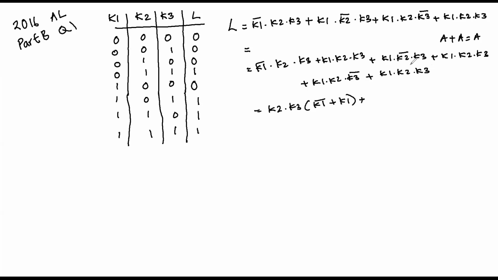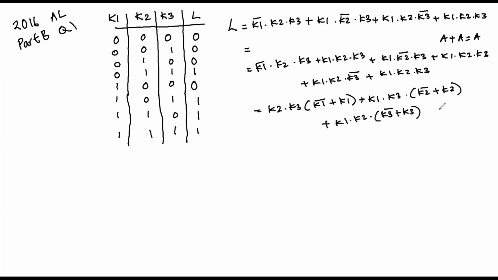Plus, if you take the next two terms, K1, K3 common, we have K2 bar plus K2, plus, if you take the last two terms, K1, K2 is common. So we can say K1, K2 into we have K3 bar plus K3.